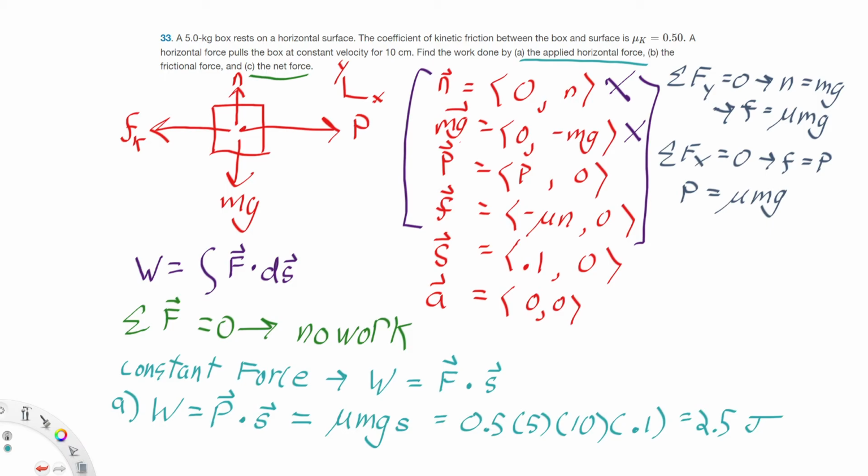So having said that, the pulling force does 2.5 joules of work, like it adds 2.5 joules of energy to the box. So how much work must have been done by the frictional force, which is part B of this question?